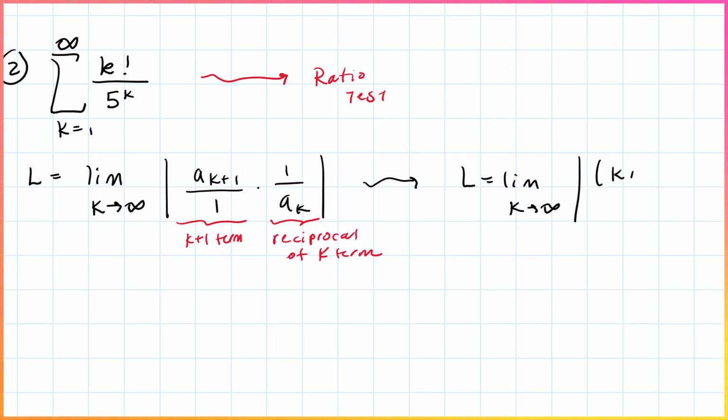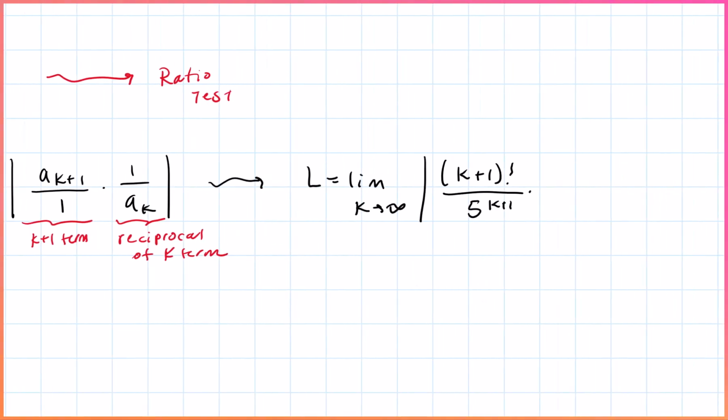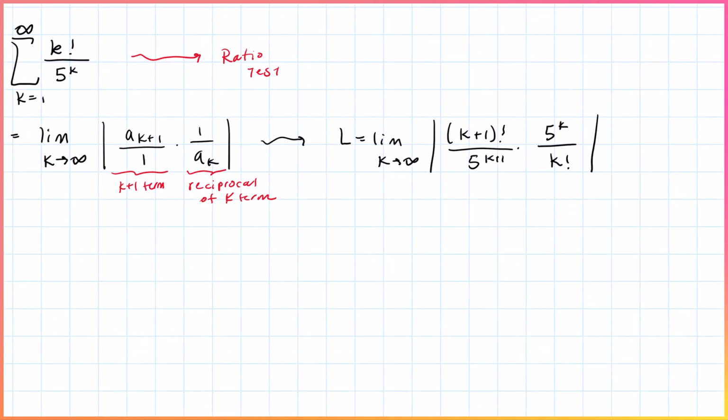The k plus 1 term would be (k+1)! over 5^(k+1), times the reciprocal of the kth term, which is 5^k over k!. Of course, there's going to be some canceling here. Let's group things up a little bit. This is the limit as k is approaching infinity. We've got 5^k and 5^(k+1), and (k+1)!, I'm going to write it out.